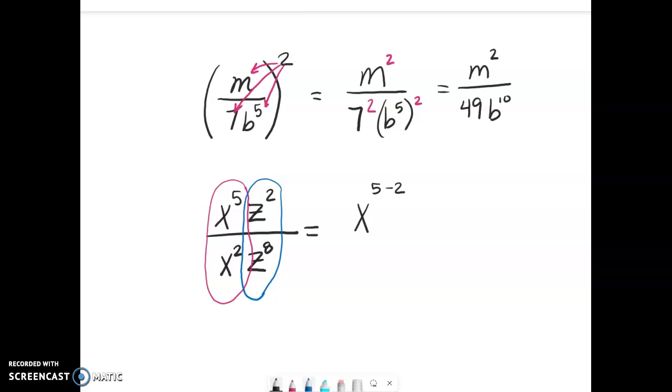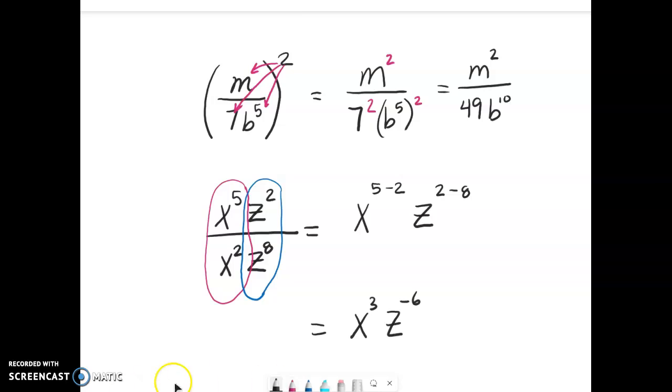So that takes care of the x's. Then I'll look at the z's, and I'll do the same thing. This is z squared, and I'm going to rewrite the base of z, and then I'm going to take the numerator exponent and subtract the denominator. So I'm going to end up with x cubed and then times z to the negative 6.